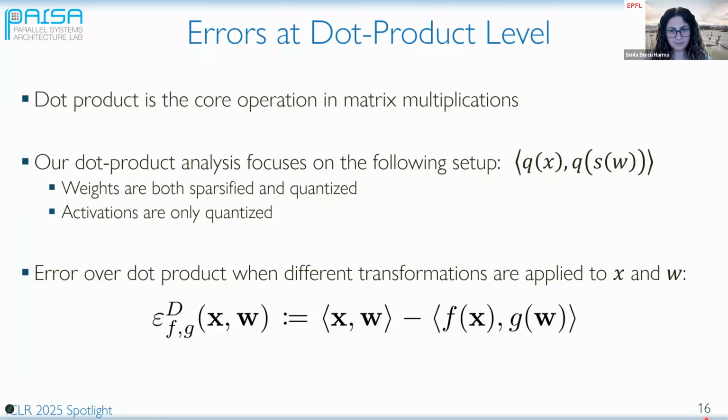To continue with our proof, we need to define the error over the dot product operation when different transformations f and g are applied to the inputs, which is basically the difference between the original dot product and the dot product of the outputs of the transformations.